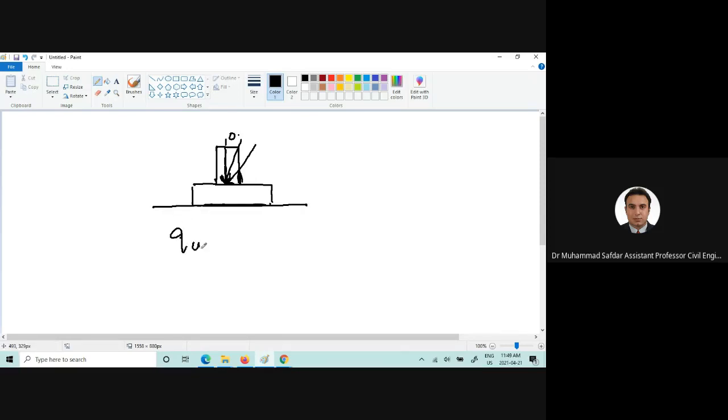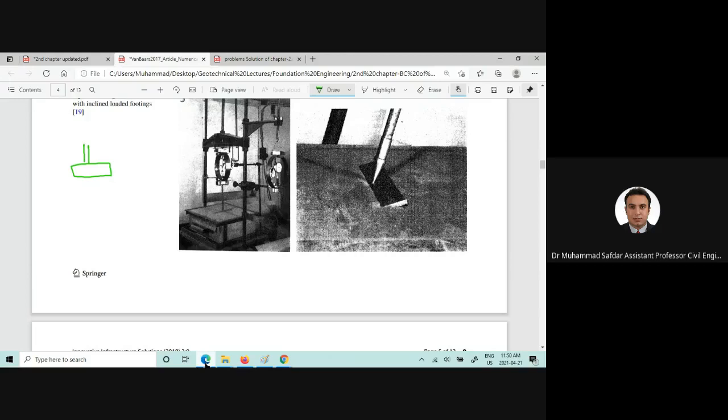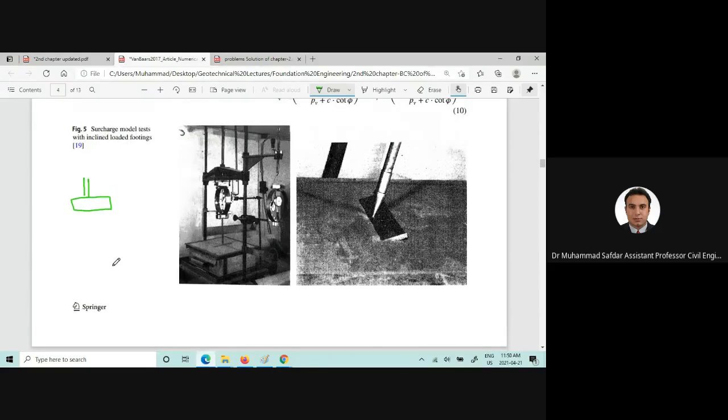and then he would find out the q ultimate using the Meyerhof bearing capacity equation. 10 degrees, for example, 45 degrees. And that's how the bearing capacity was found by the experimental tests.